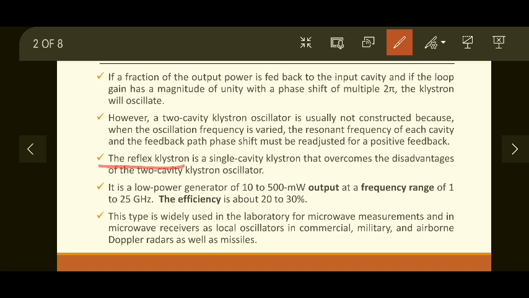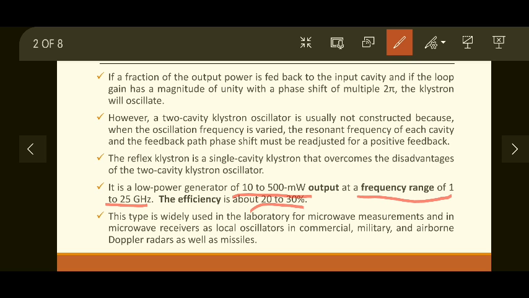These are low power oscillators or generators of 10 to 500 milliwatt output, frequency range very good from 1 to 25 gigahertz, and efficiency is also decent, about 20 to 30%. So these are the specifications of the reflex klystron.